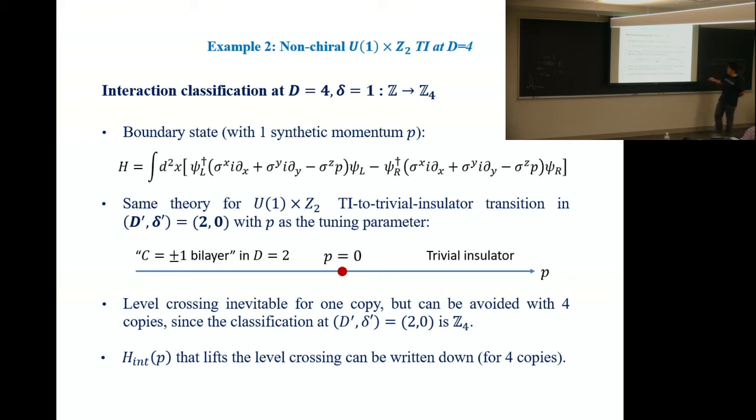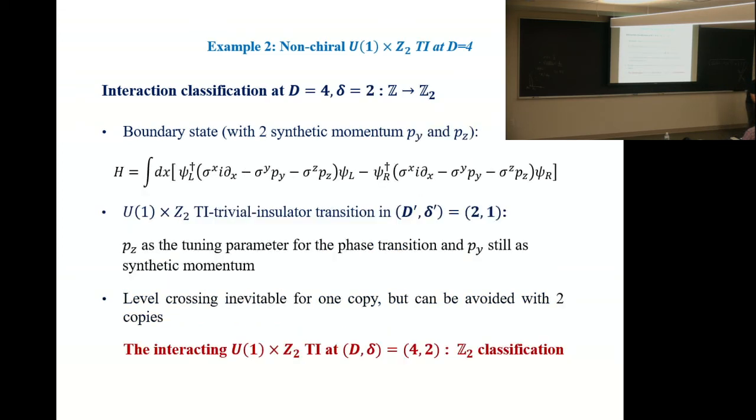So it means that we can make a connection between the higher dimensional synthetic topological insulator and the lower dimensional synthetic topological insulator. The trick is that the interaction will be fully parameterized by this parameter p. Using the same trick, suppose we have two synthetic dimensions.